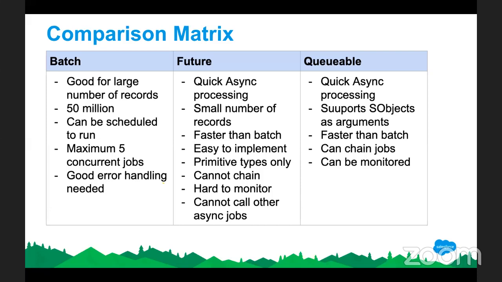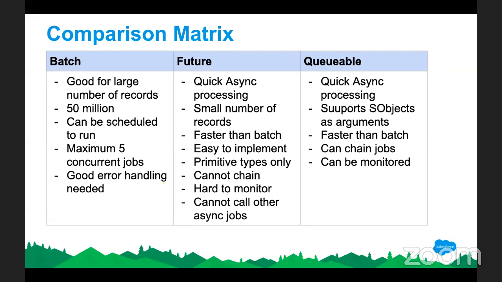Then this comparison matrix. Batch is good for a large number of records, 50 million, maximum 5 concurrent jobs, good error handling needed. Future is quick asynchronous processing, for a small number of records, faster than batch, easy to implement, primitive types, because it is just like a method.